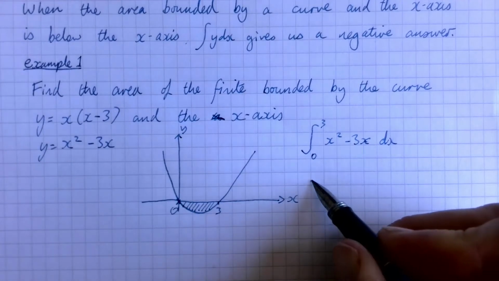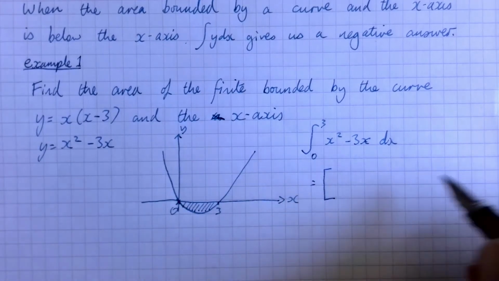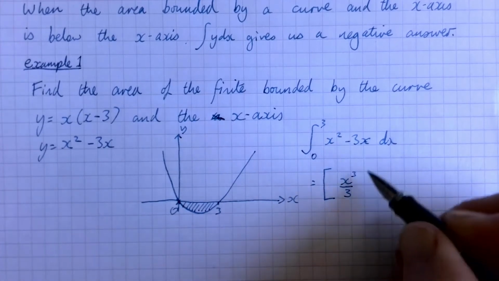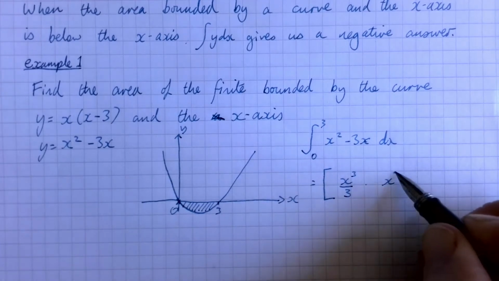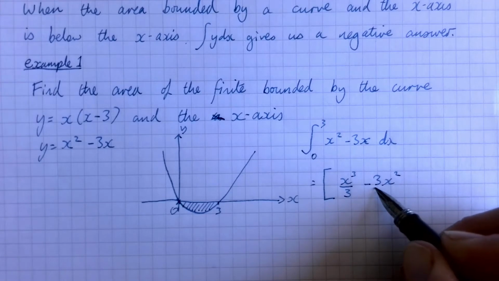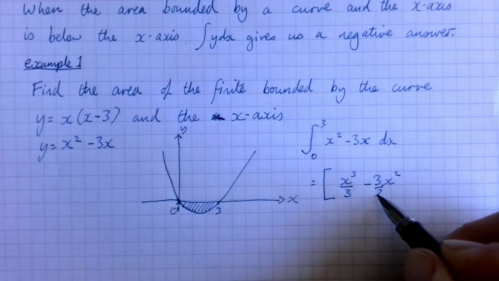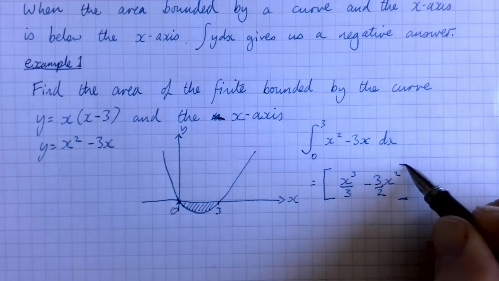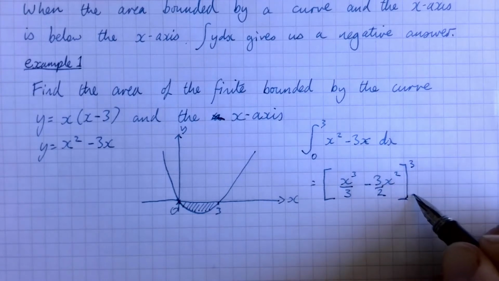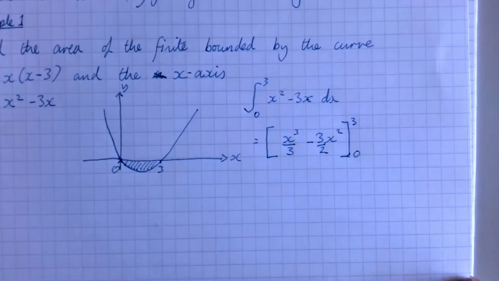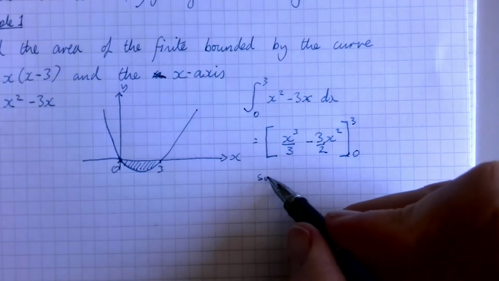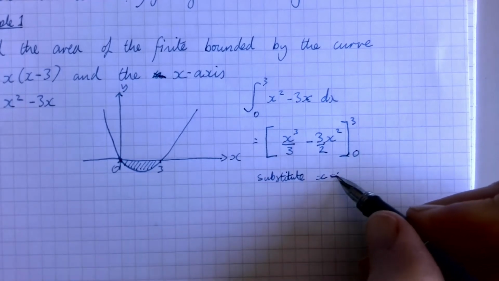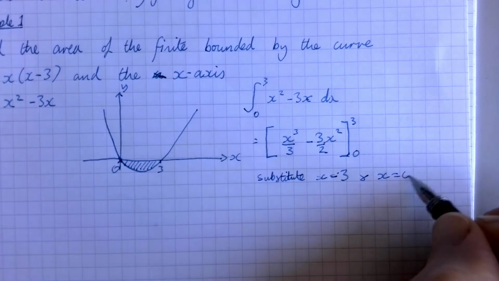Moving that on, if we integrate that, that's going to say, right, nice big square bracket, up the power to 3, divide by the power, up the power to 2, divide by the power, gives us minus 3 over 2 x squared, and that is all going to be done between x values of 3 and 0. So now all we have to do is substitute x equals 3 and x equals 0.